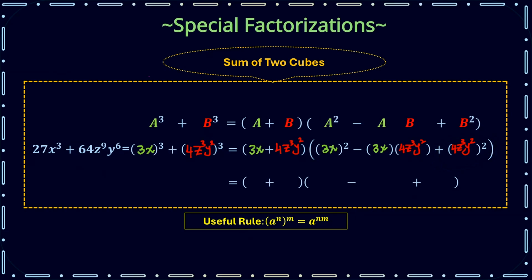All right, so inside the first parentheses, we have basically 3x plus 4z cubed y squared. There's nothing we can do with that. Then we have the square of 3x. The square of 3 is 9, and the square of x is x squared.